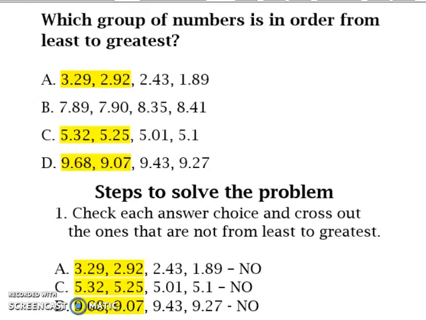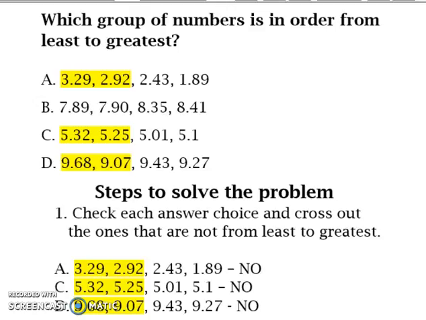Let's look at C. We start with 5.32 and then 5.25. Well, yes, both whole numbers are 5. However, 0.25 is smaller than 0.32, so we know that this cannot be an answer choice because 5.32 is greater than 5.25.